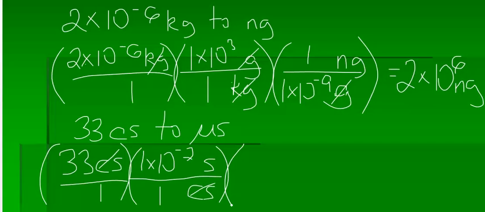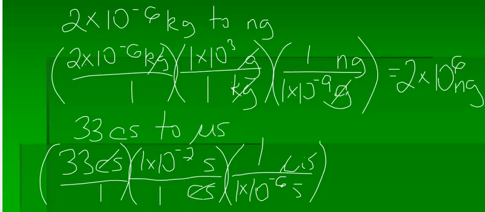And I'm going to go to microseconds. So we're going to put seconds down here, microseconds up at the top. You put a 1 in front of the prefix, which is micro. And then what does micro mean? 1 times 10 to the negative 6th. So you'll notice when I'm doing these conversions, if you have a prefix, you put a 1.